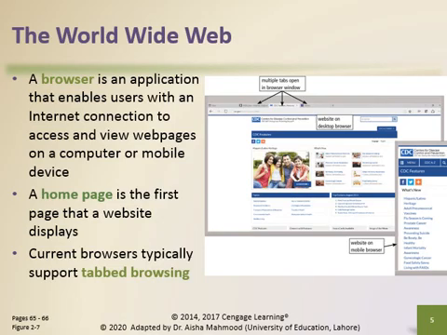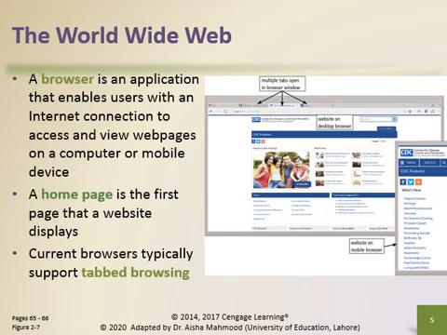Current browsers typically support tabbed browsing, as you can see in the figure in front, where the top of the browser shows a tab, similar to a file folder tab, for each website you display. To move from one displayed web page to another, you tap or click the tab in the browser.